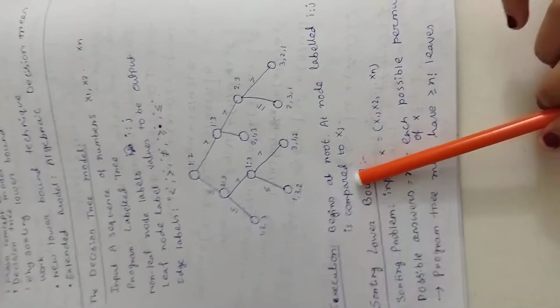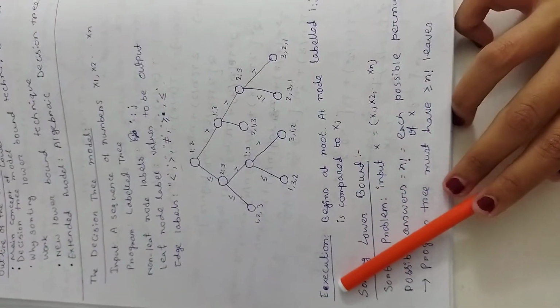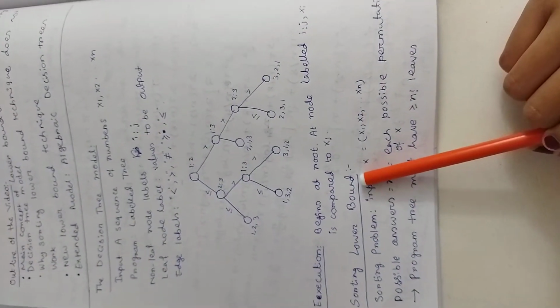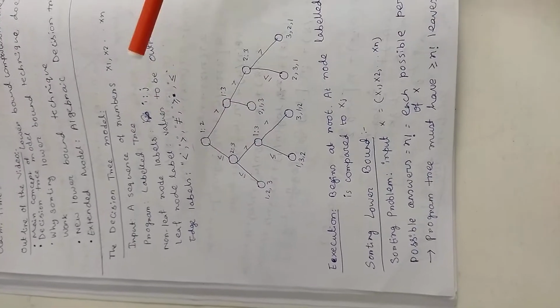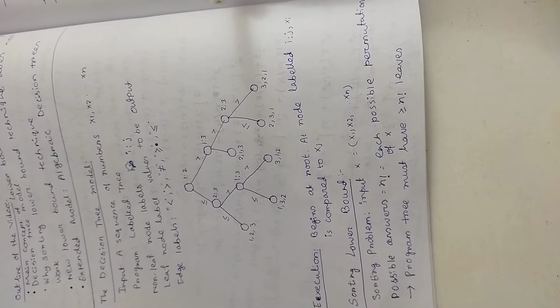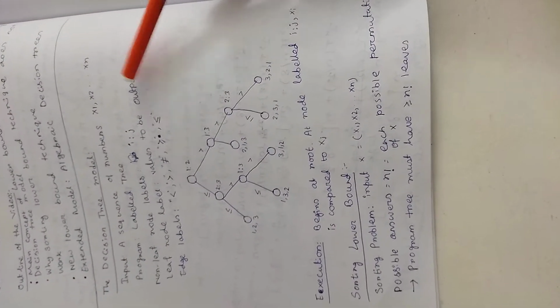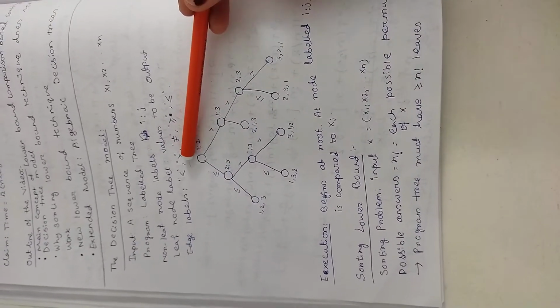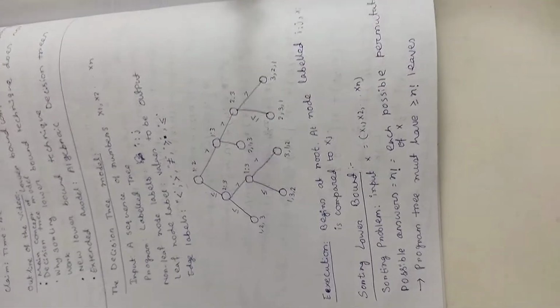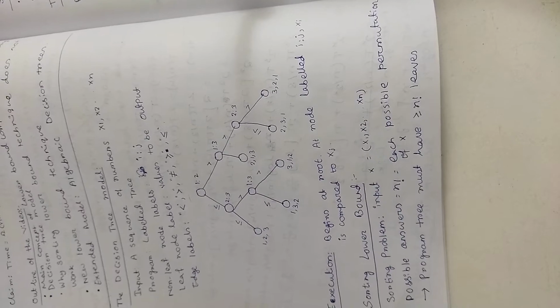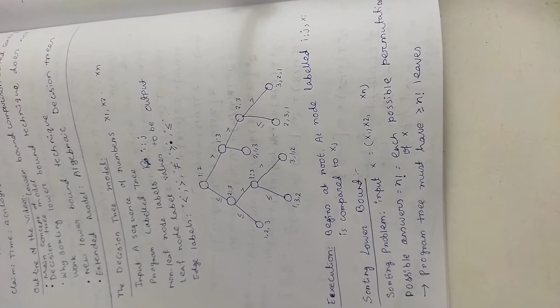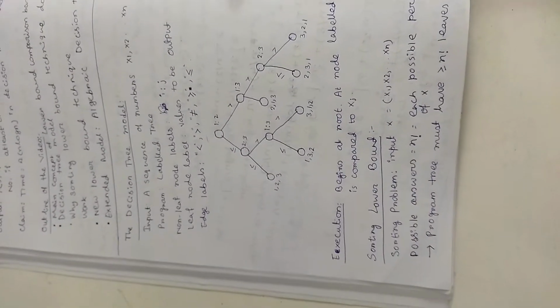So how is it executed? The execution always starts from the root, and at a node labeled i : j, here 1 : 2, xi is compared to xj.